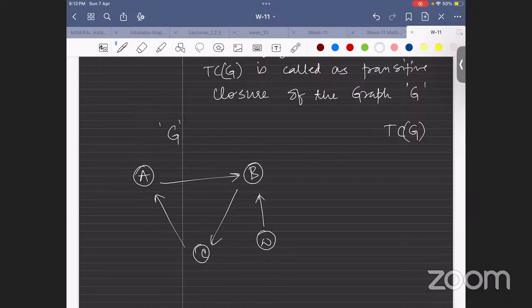Can you tell me? How many? N or N minus?